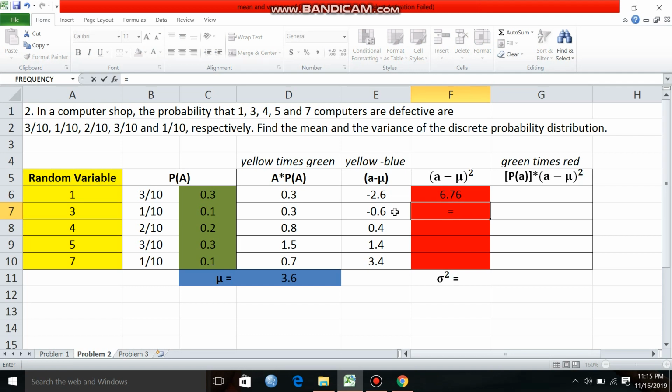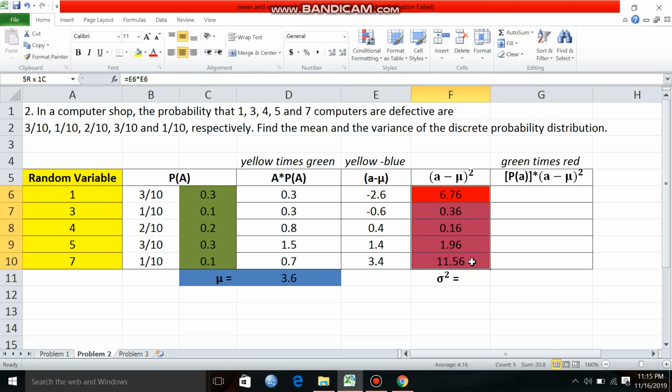Negative 0.6 times negative 0.6 is 0.36. 0.4 times 0.4 is 0.16. 1.4 times 1.4 is 1.96, and 3.4 times 3.4 is 11.56.